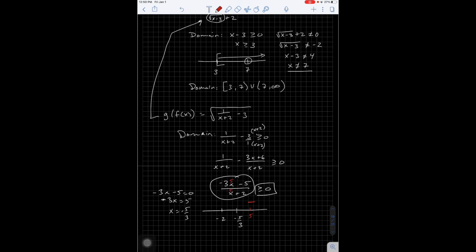Okay, over here, I'm going to plug in negative 3 for x, and that's going to give me 9 minus 5, a positive number, and negative 3 plus 2 is a negative. So this is also going to give me a negative.